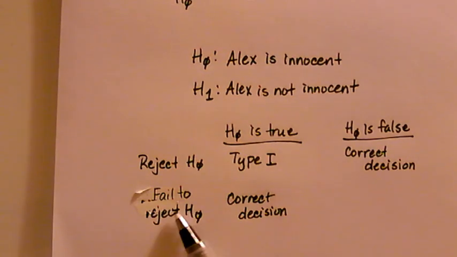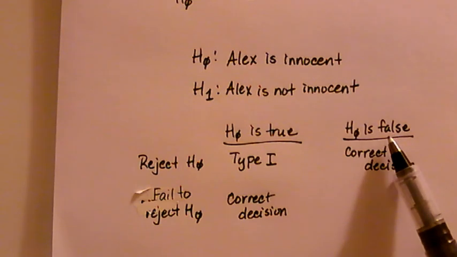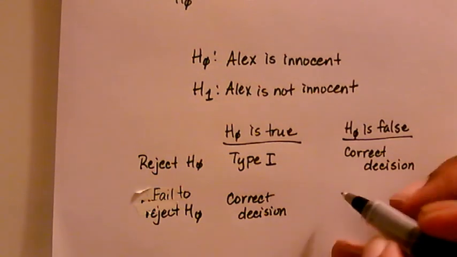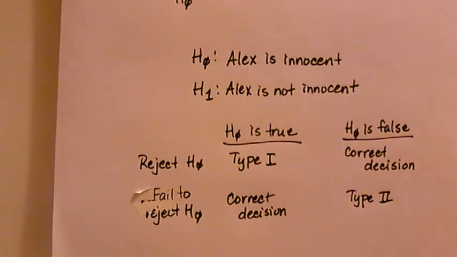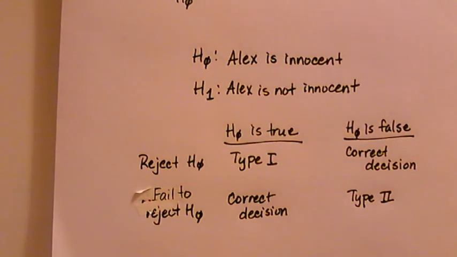But let's say that we fail to reject his innocence, and we find out that he is not innocent of the crime, then that's a type 2 error. In other words, we let someone who probably committed that crime go scot-free. Okay? So this is just a real-life example of a type 1 and a type 2 error.